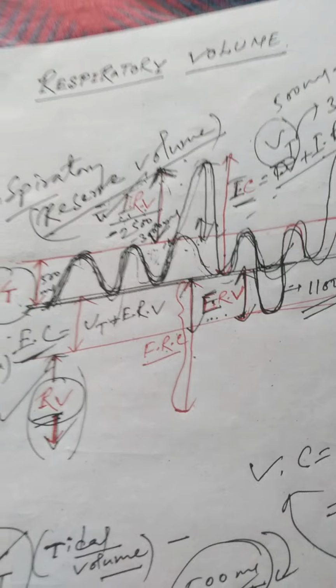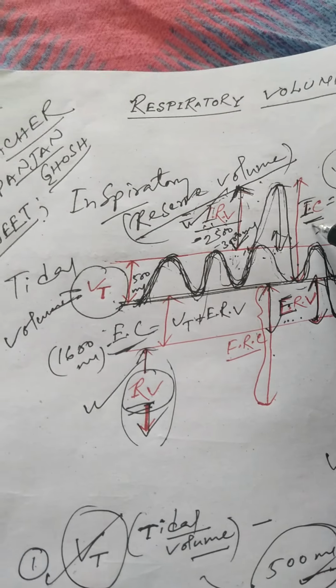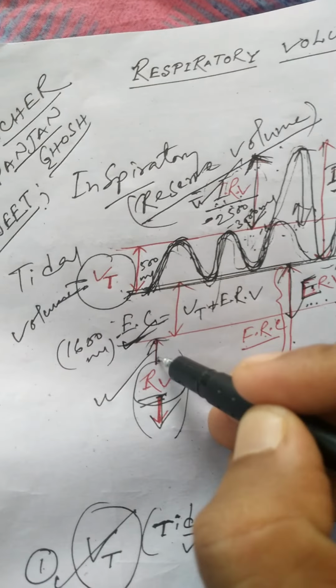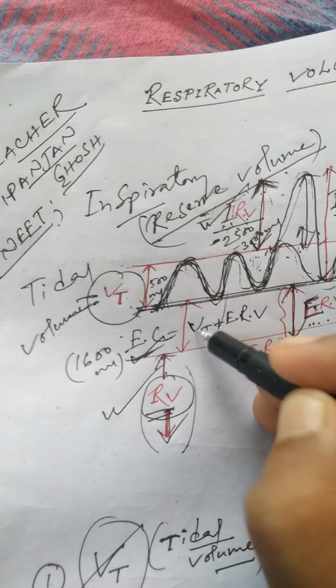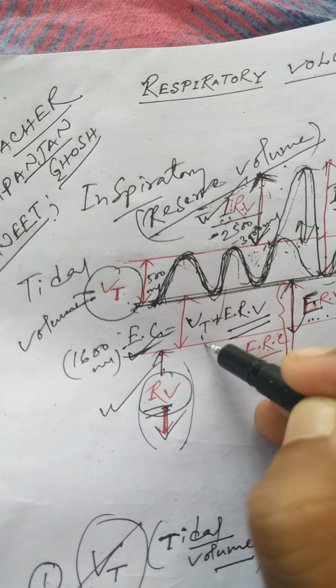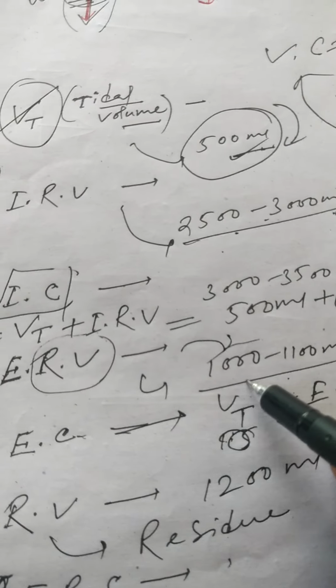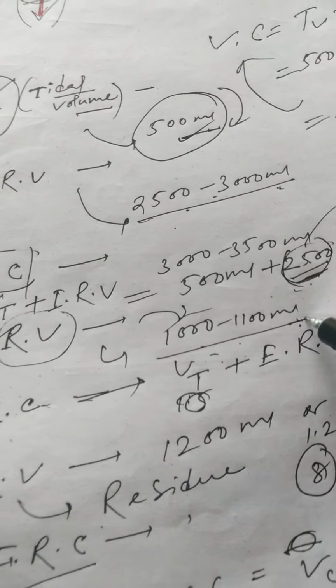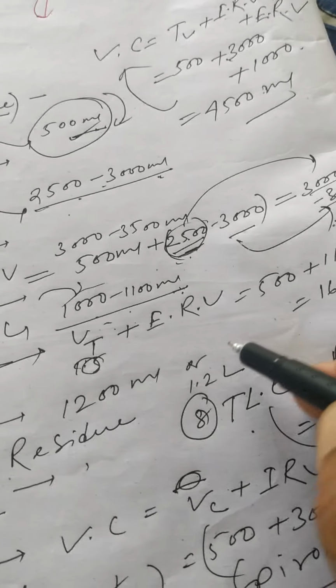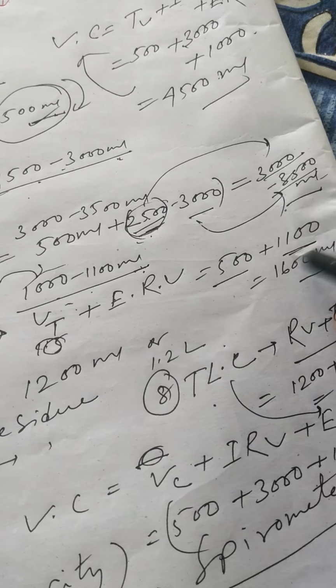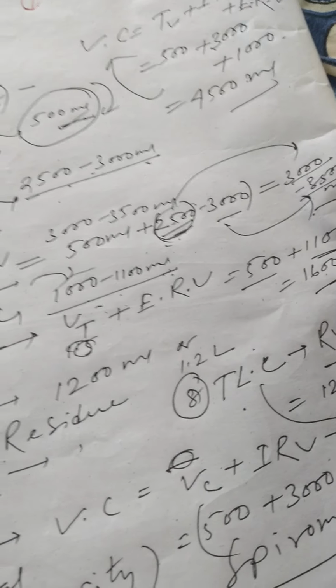Just like inspiratory capacity, there is the expiratory capacity. In that case, the expiratory reserve volume is associated with tidal volume. The expiratory reserve volume is near about 1000 to 1100 ml, so the expiratory capacity will be 500 plus 1100, that is 1600 ml.